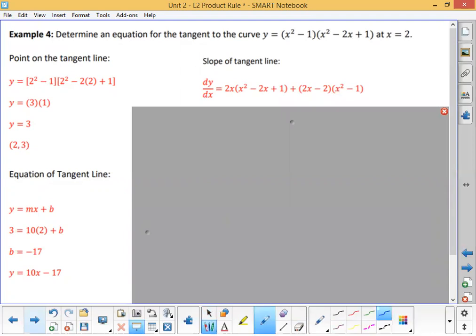So let's label it. If this is f of x, then f prime of x is 2x minus 2. If x squared minus 2x plus 1 is g of x, then 2x is g, wait, sorry. Oh, I've got it mixed up. Sorry.